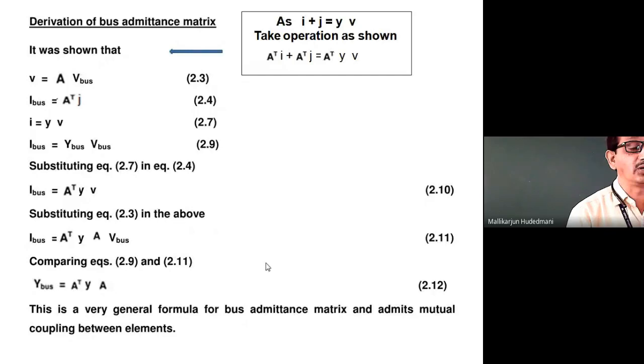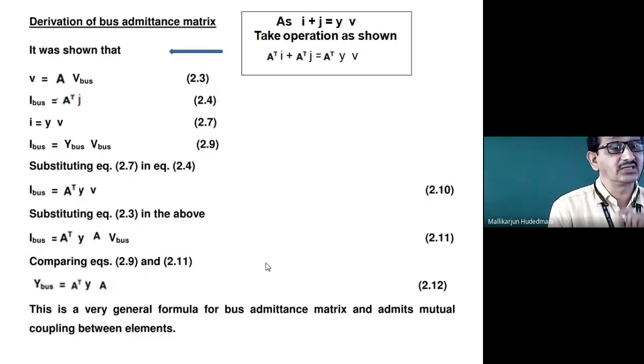Now, same equation, how KCL and KVL can be viewed on the incidence matrix was the conclusion when we were interacting with respect to incidence matrices. So, I have taken the vector of branch voltages equal to the A matrix of that system product with the bus voltages like V1, V2, V3.